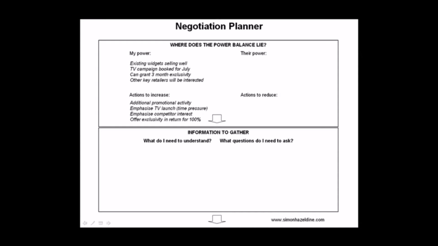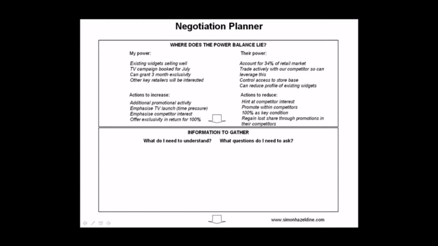We'll also emphasise the fact that the competitors are interested in getting this as well. Make sure the retailer doesn't get complacent and think they're the only game in town. And also we could offer exclusivity if they list us in 100% of stores. So we're starting to think now about how our position of power, making sure we're realistic about it.